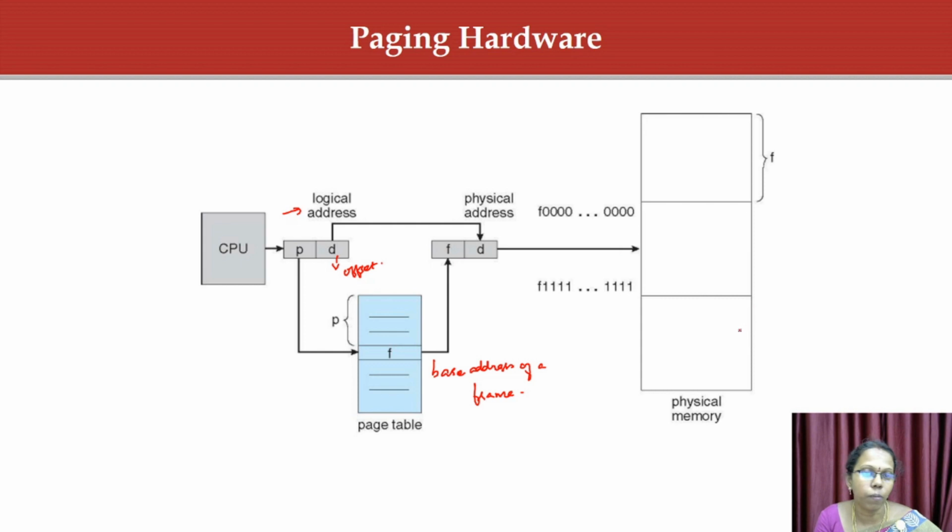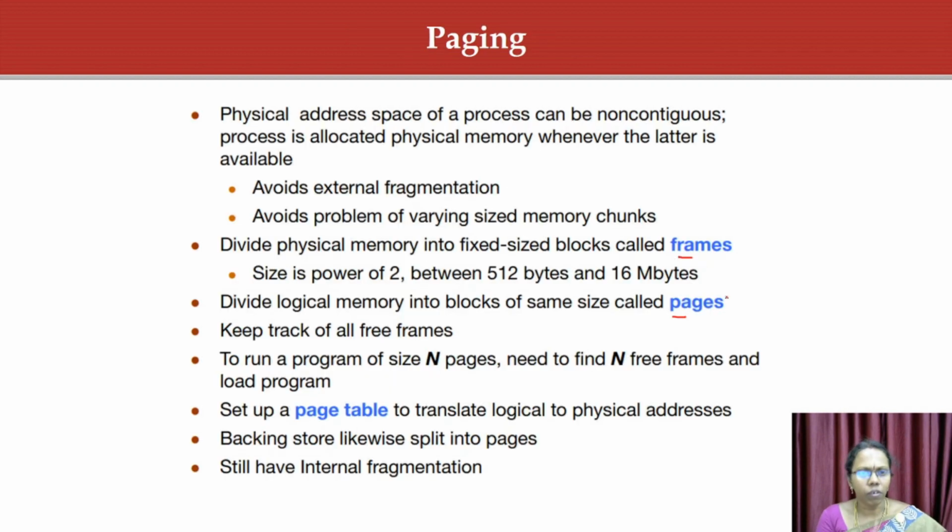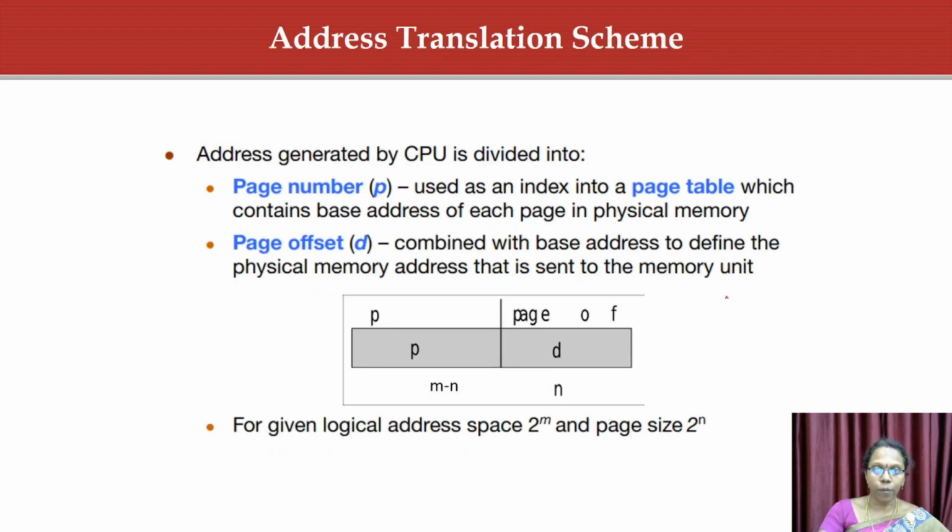So in paging, first we divide the physical memory into frames, then we divide the logical memory into pages. When we look at how a logical address generated by the CPU is stored in physical memory, we perform a similar mapping. The logical address is mapped into the physical address using the address translation scheme.